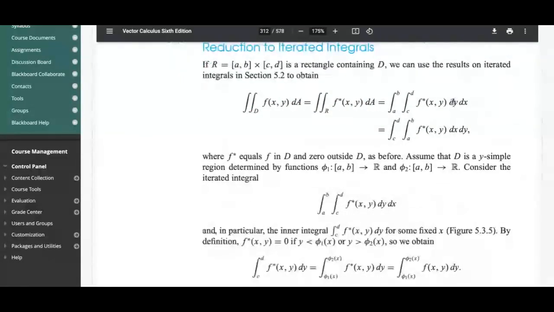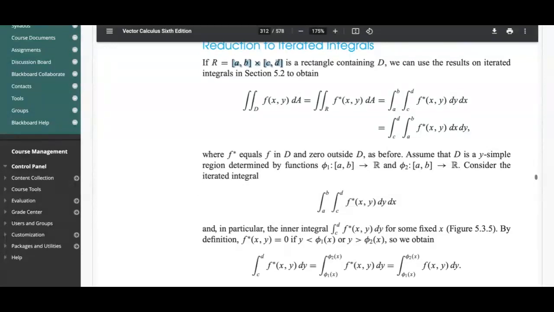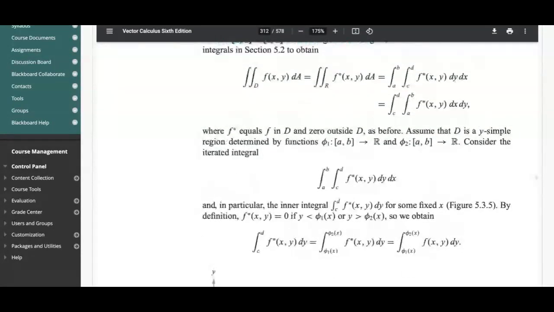You see this is dy dx, dx dy. In this case that's okay because we have a rectangular region where we integrate the integrand over this rectangle. So then Fubini's theorem can be applied, which means it's free to change the order of integration.